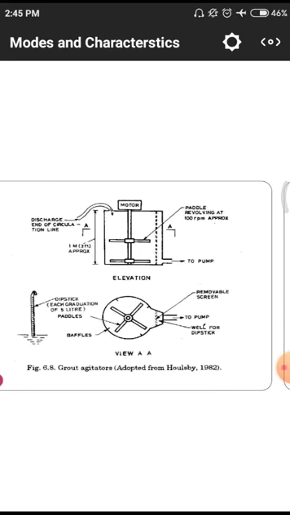Removable screen means whenever there are waste materials present in the grouts, they separate those waste materials with the help of these screens, so that the screens are responsible to bifurcate the larger particles in the grouting materials. After that, we are having pump and well for dispatch, and baffles also there. Those baffles are simply moving ones.